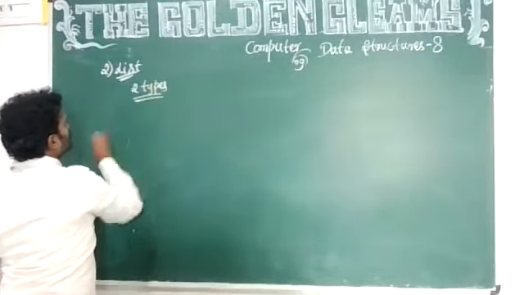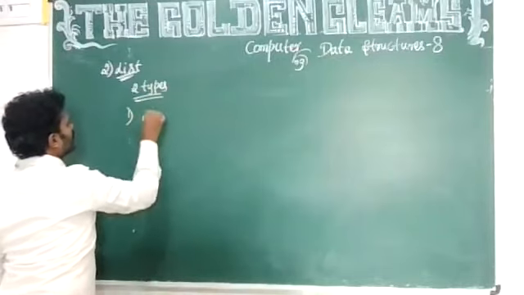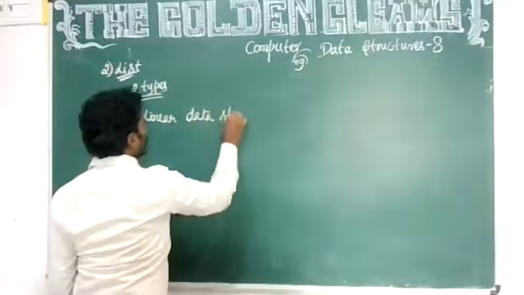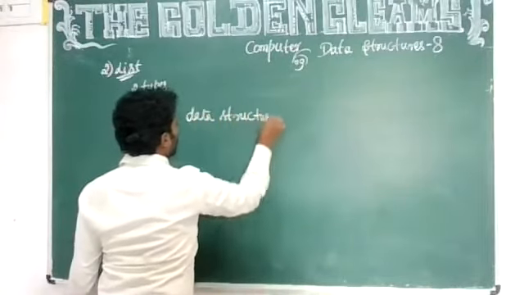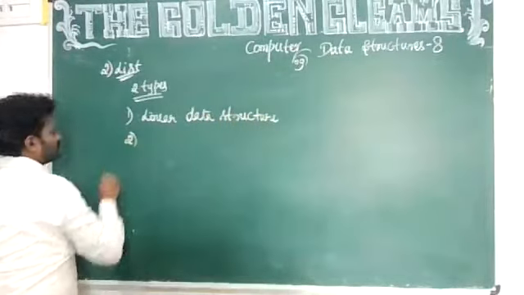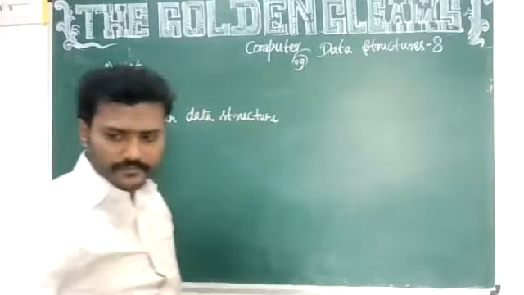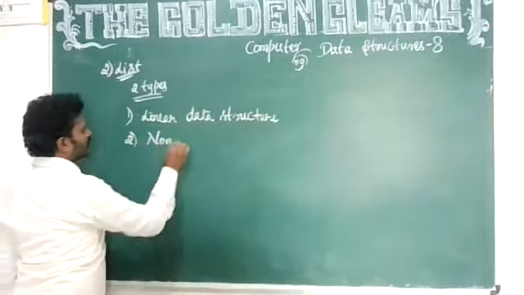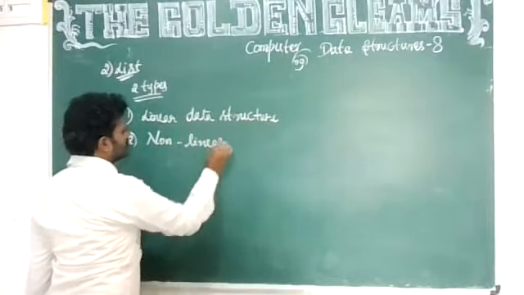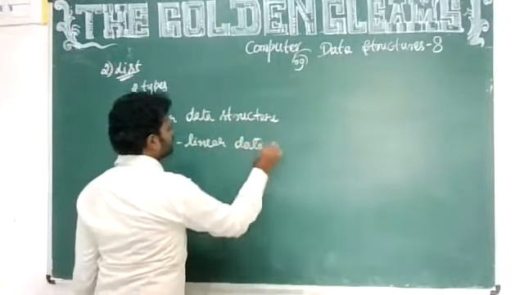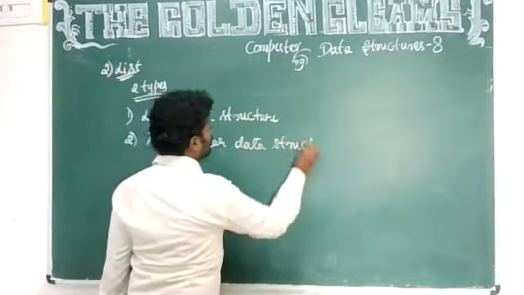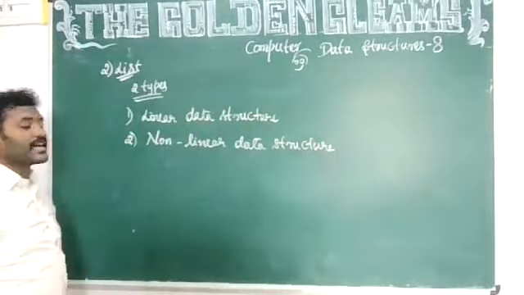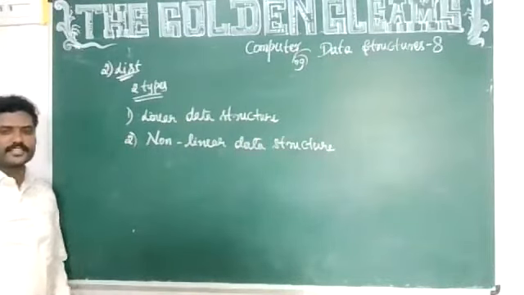So the point number 1, linear data structure. The second one, non-linear data structure. So one we call linear data structure, the second we call non-linear data structure.